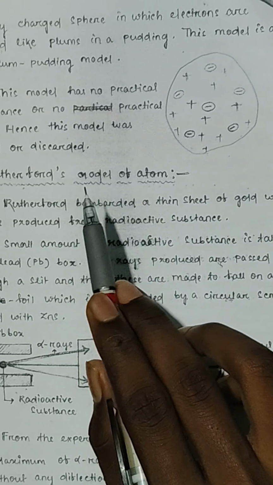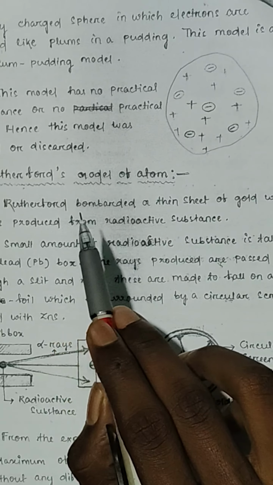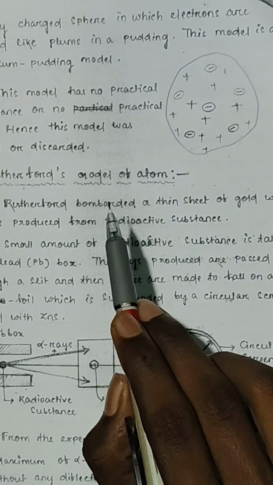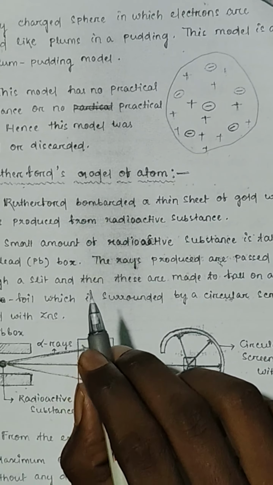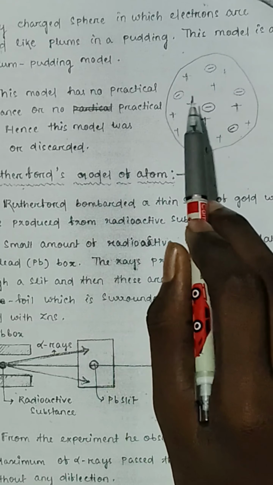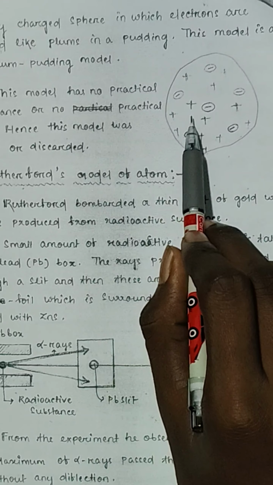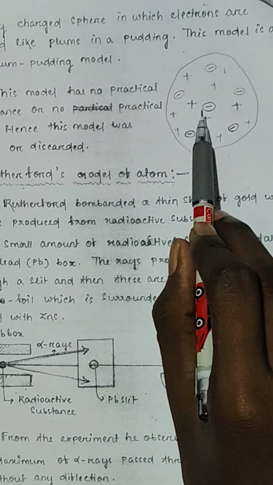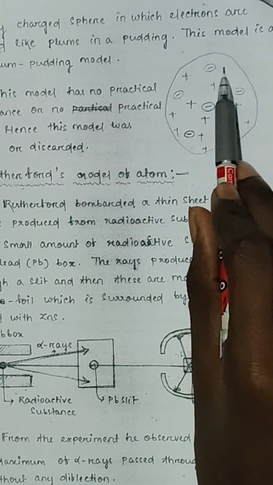This model has no practical significance and no practical utility. Hence, this was rejected. So guys, you see here, there was a sphere which is positively charged and electrons are embedded like seeds. So this is Thomson's plum pudding model.